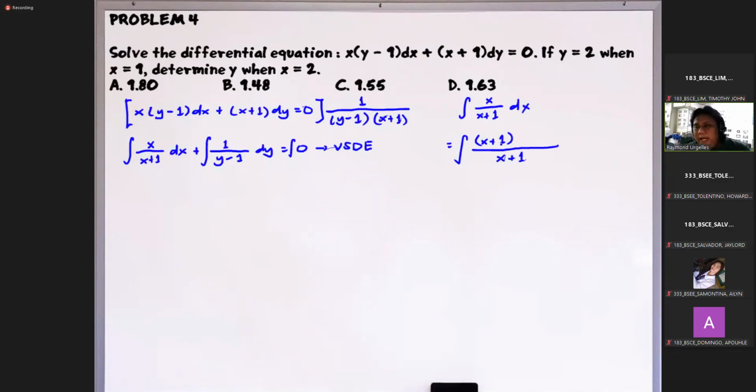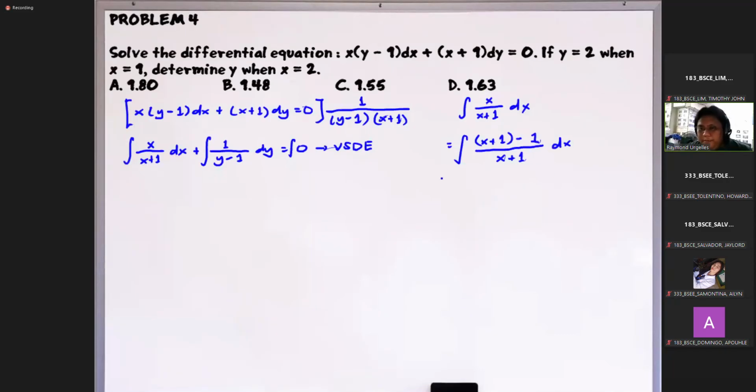Then since nag-add ako dyan ng 1, kailangan mag-subtract ka rin ng 1. Bakit kailangan pa natin mag-subtract ng 1? Kasi ito yung original na equation natin or expression, kaya dapat hindi magbago yan. Kaya pag nag-add ka ng 1, kailangan mag-subtract ng 1 para technically nagka-cancel lang sila. Ibig sabihin, this is equivalent dun sa original equation natin.